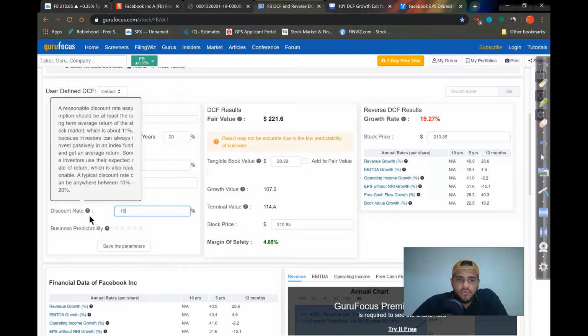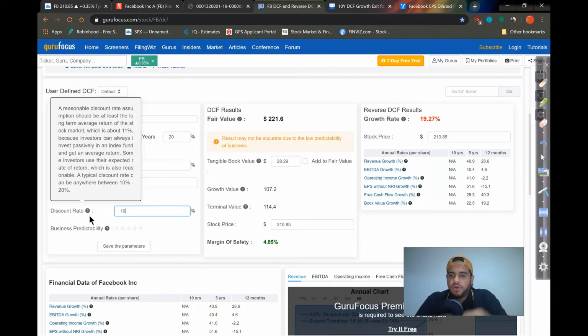And the discount rate is a much bigger component of DCF, because the discount rate is essentially how much do you discount Facebook's future cash flows to the present, which means to say every year Facebook is going to make money, and for every year it's going to have expenses.